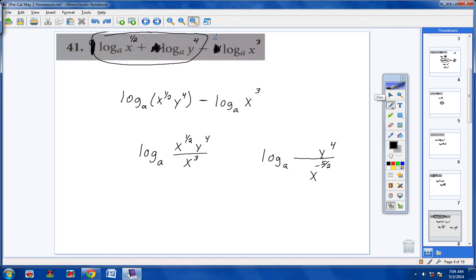And now we will have a positive 5/2 like this. Now I know a lot of you probably skipped steps here, and you probably just said, I'm going to take 3 minus 1/2 and put it in the bottom, and that's totally fine. Either way is acceptable. Okay, but here is your final answer. All right, let's move on.